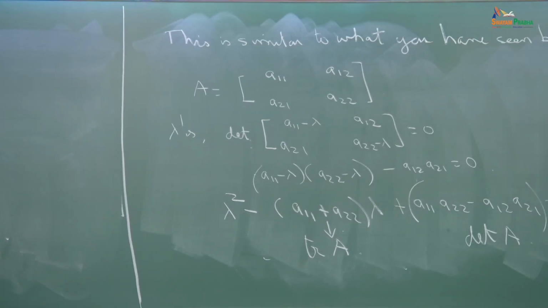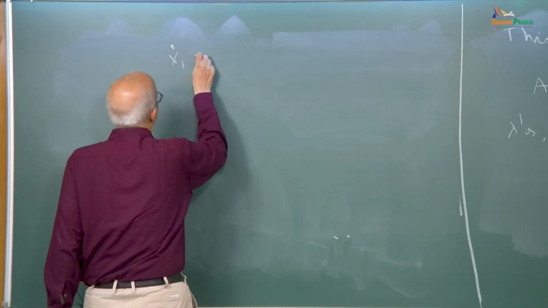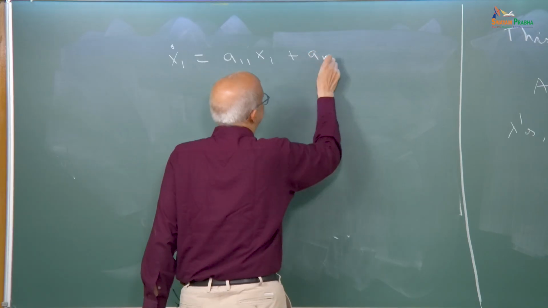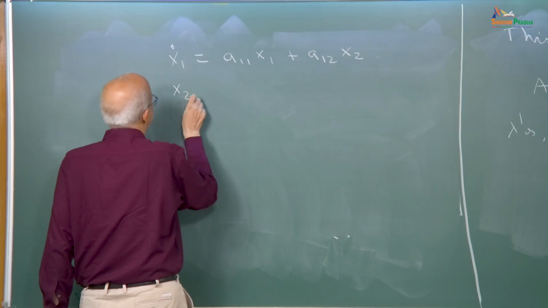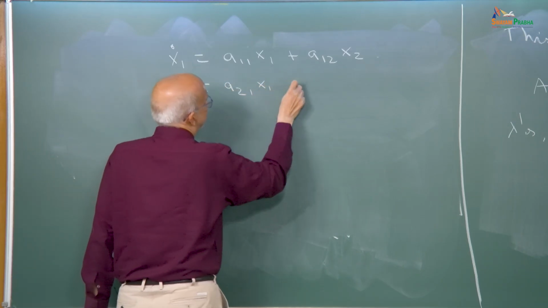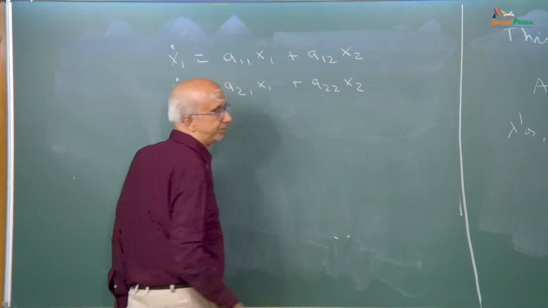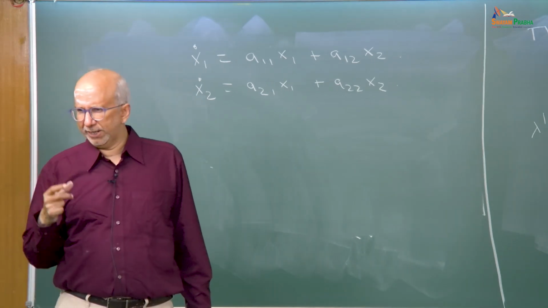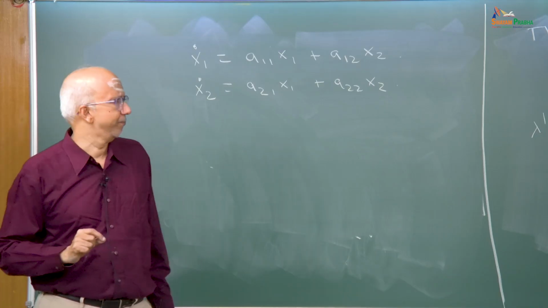I want to go back to this thing here, x1 dot equals A11 x1 plus A12 x2, x2 dot equals A21 x1 plus A22 x2. I have just written this x dot equals Ax in the full form, each row.